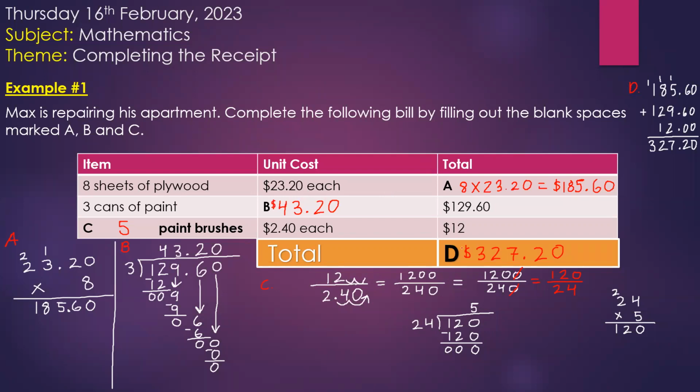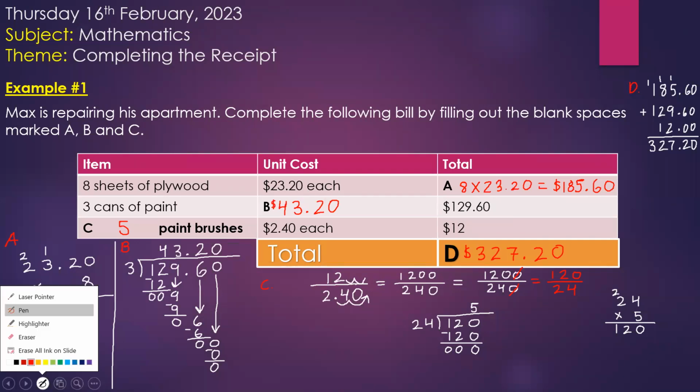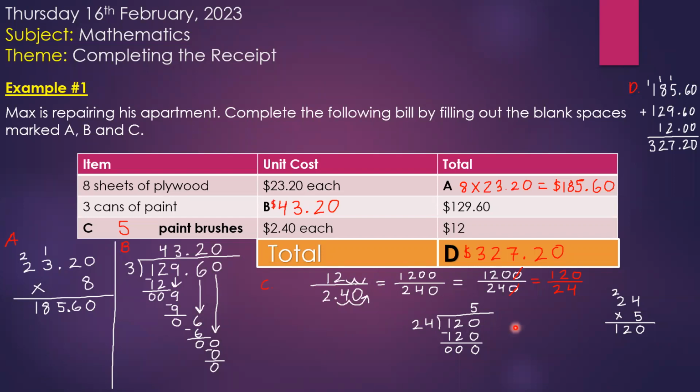The reason why we got 5 is that you just have to try different numbers.